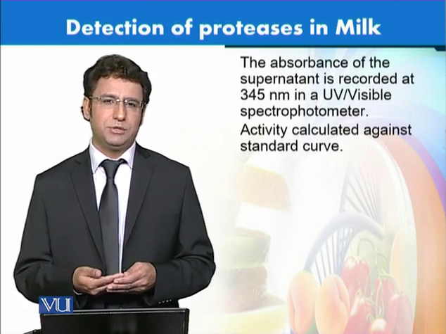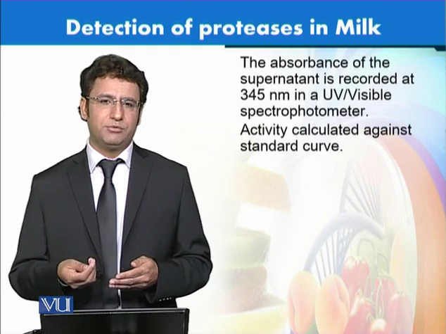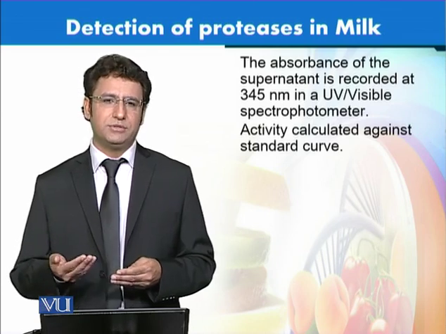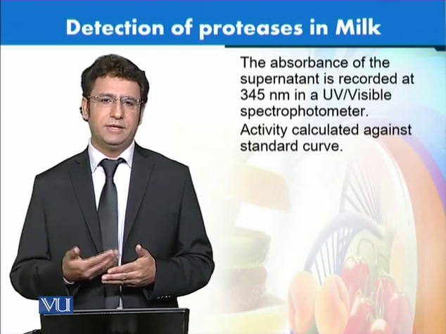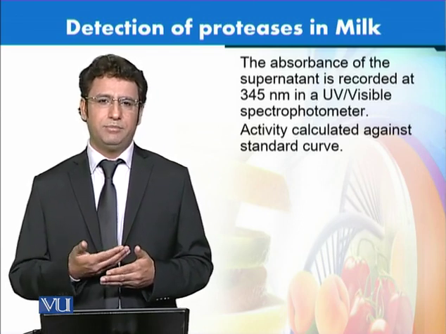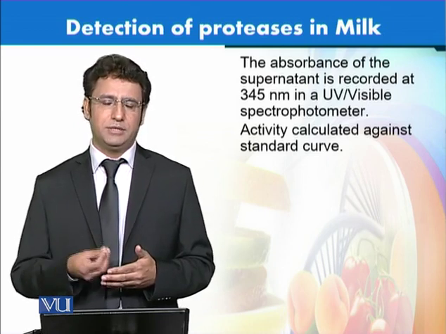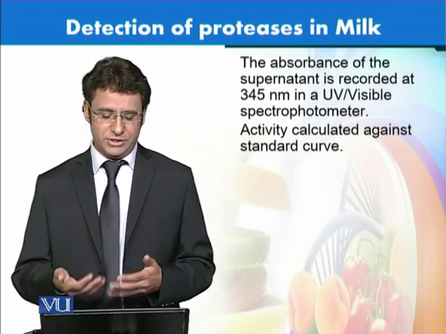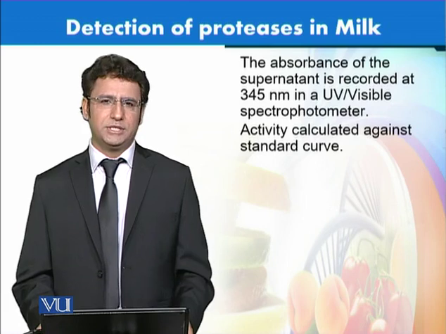Once we know this absorbance, it is compared with a standard solution of proteases at different concentrations. This standard curve gives us the final protease activity of the milk sample being tested. So this was one of the simple procedures for measuring protease activity.